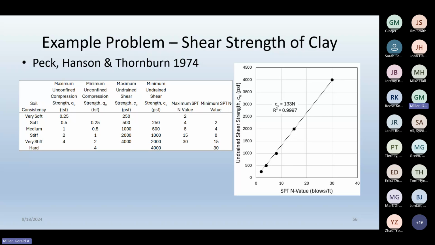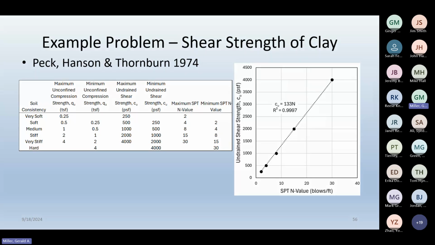And so that's the correlation I got. So undrained strength is 133 times N. Now they don't call it N60, but I'm assuming back in those days it was probably mostly rope and cathead, not automatic hammers, because that was before my time. When I started practicing in engineering consulting back in the late 80s, early 90s, all I saw was rope and cathead. So I'm assuming before then it was probably all rope and cathead, and so I'm assuming the efficiency was probably N60 for that correlation.